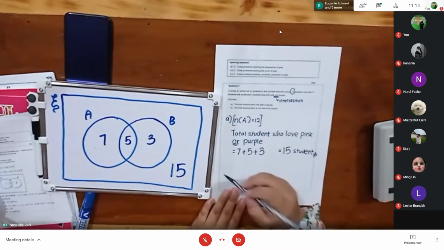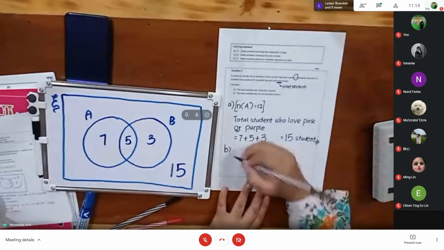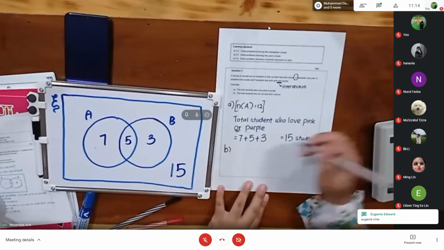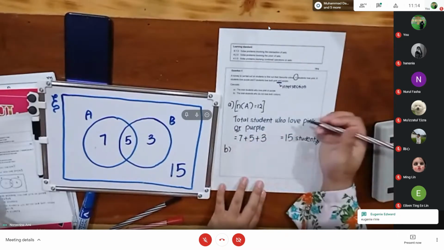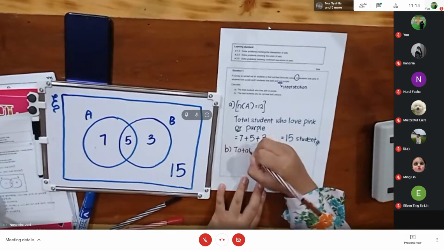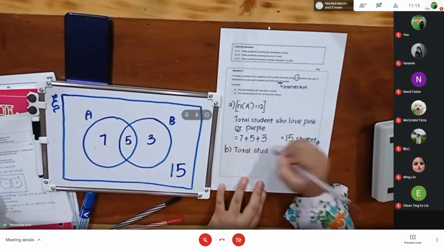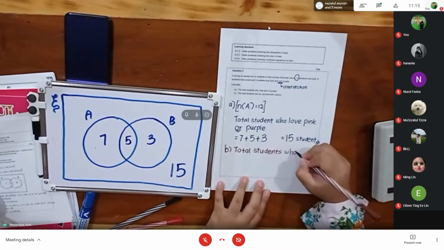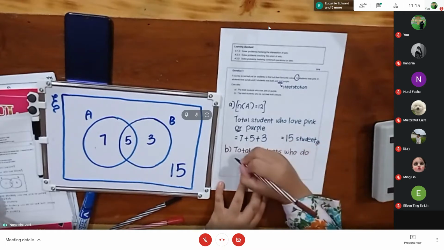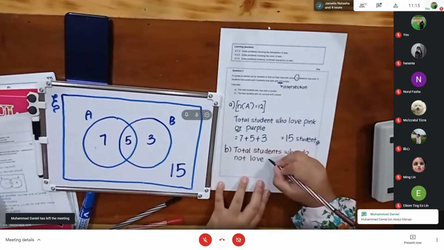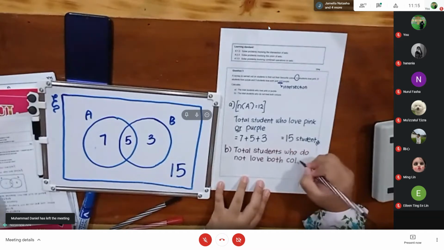Now for B: total students who do not love both colors. Now we write: total students who do not love both colors.